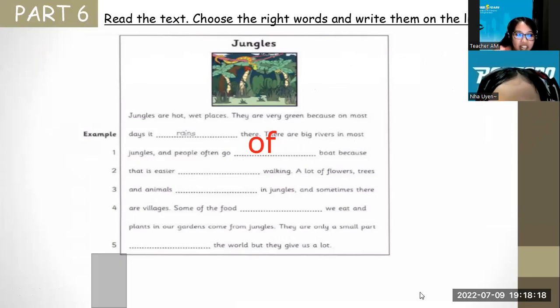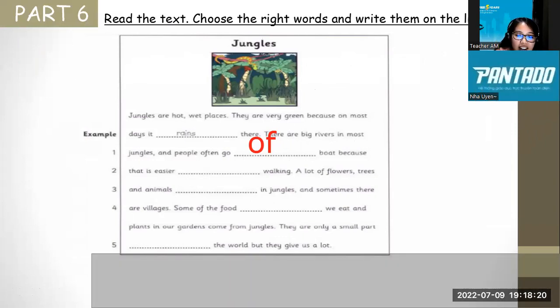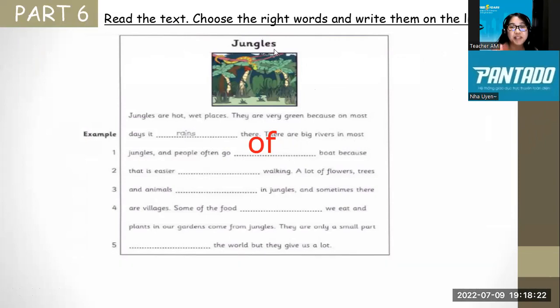You mean this one? The words here? Yes. I don't want to show it to you because that is the answer. Yeah, that is the answer, Uyen. That's why you're not allowed to look at those words. So you will be the one to choose the words here.